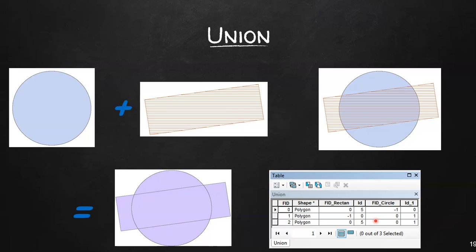And so here's another way to look at a union. We have a circle plus this rectangle. They lay over top of each other in ArcPro. Creates a new feature class that has both of the circle and the rectangle. And here's the attribute table.